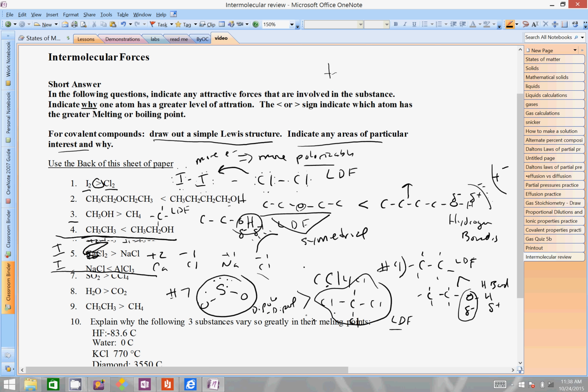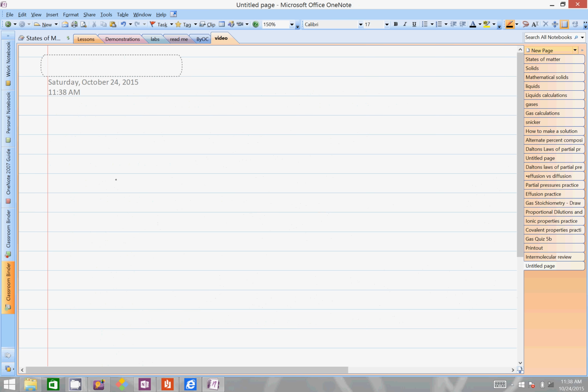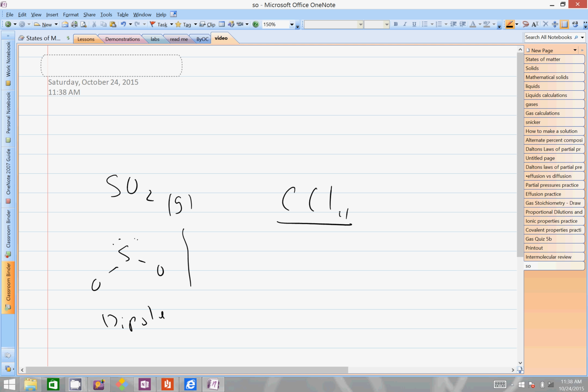In real life, I would also note just that sulfur dioxide happens to be a gas. It does in fact have some dipole forces, but CCl4 in nature actually is a liquid. So we might say, well, we know that dipole-dipole generally are bigger than that of just a simple London dispersion forces.